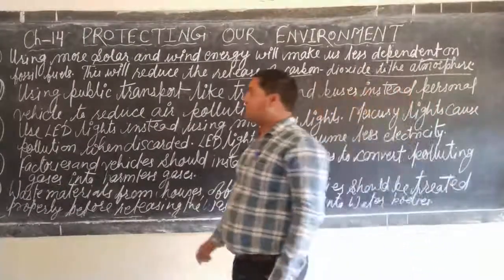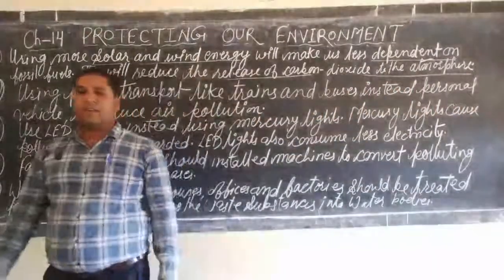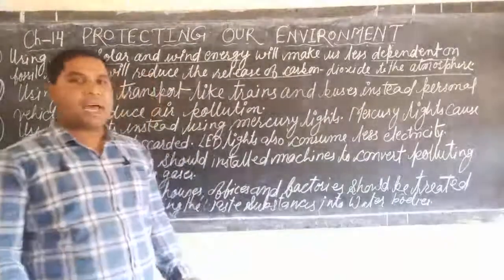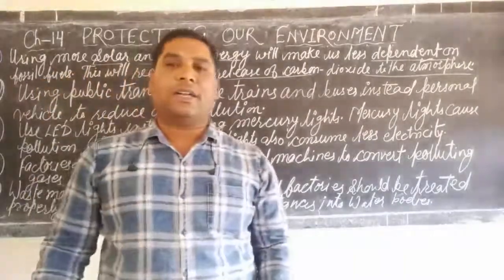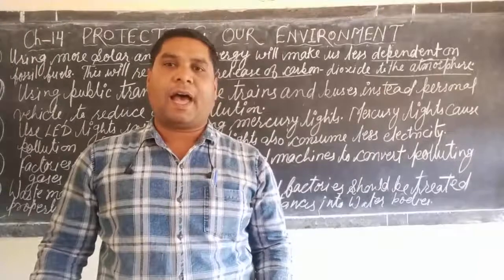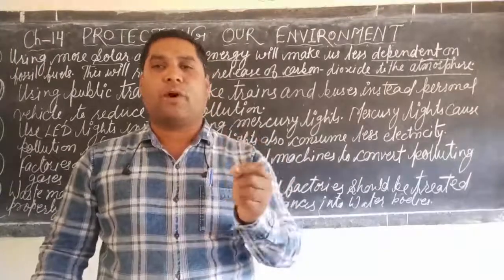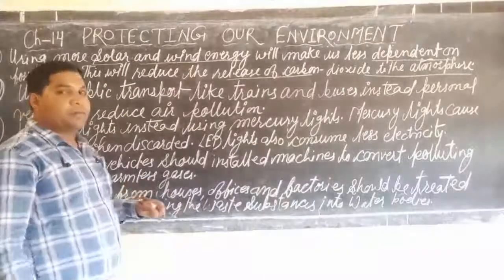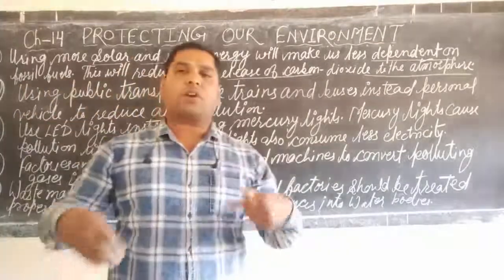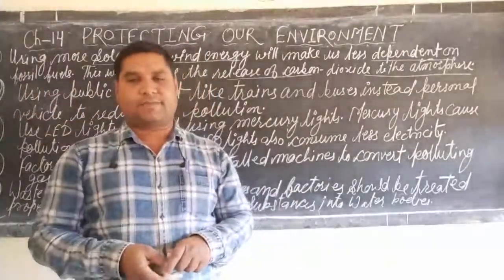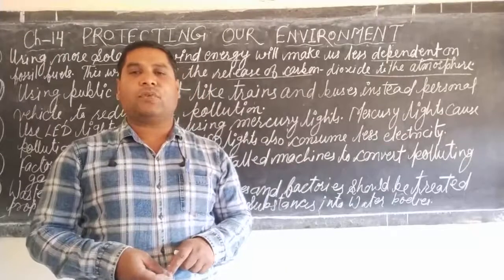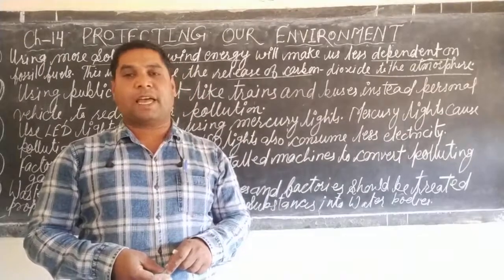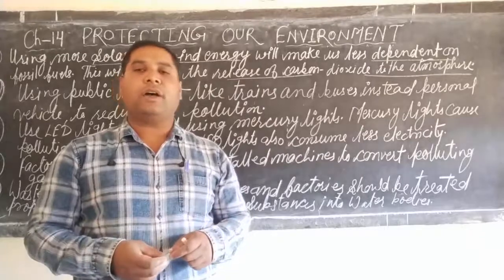Solar and wind energy are renewable sources of energy which do not cause pollution. But by burning the fossil fuel, a lot of polluted gases are released, which can make the air impure or unfit.